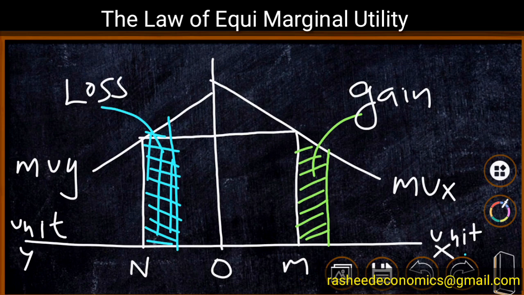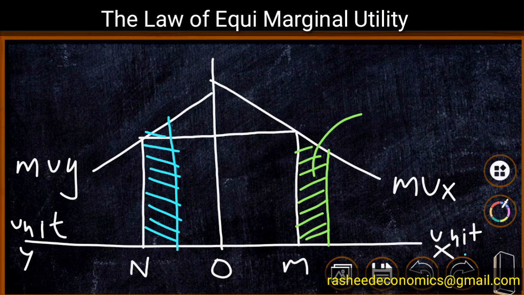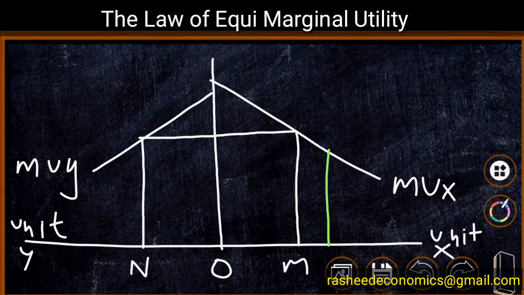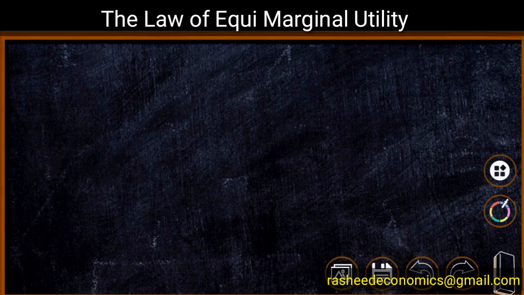Here it is clear that loss is greater than gain and the consumer is not ready to accept this change, because the consumer is in equilibrium at a point where the marginal utility of X is equal to the marginal utility of Y, that is when he is consuming OM unit of X plus ON unit of Y. This is the law of equimarginal utility or law of substitution or consumer equilibrium using multiple economic goods developed by Alfred Marshall.